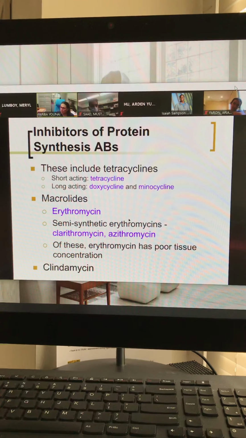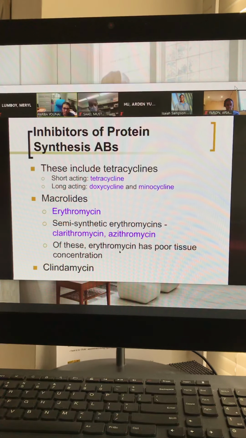So I want to remind you in terms of the choices of antibiotic that we have. These are antibiotics that inhibit protein synthesis, and you have tetracyclines, and then you have macrolides and clindamycin. The macrolides are erythromycin, and then clarithromycin and azithromycin are the other members of this group. Erythromycin has very poor tissue concentration.